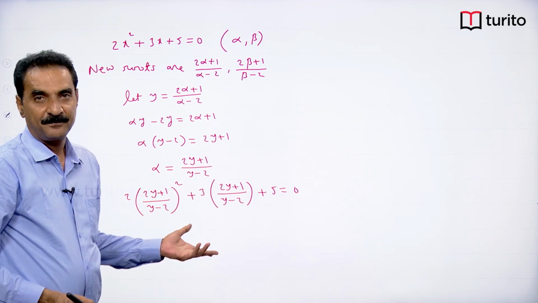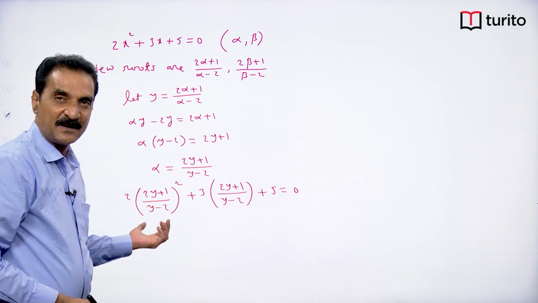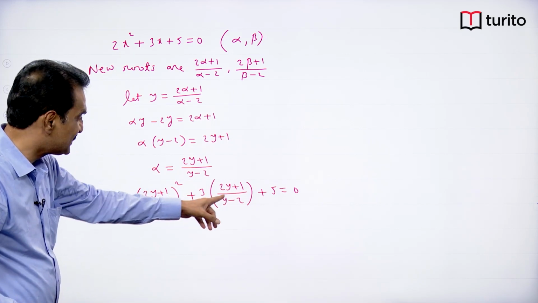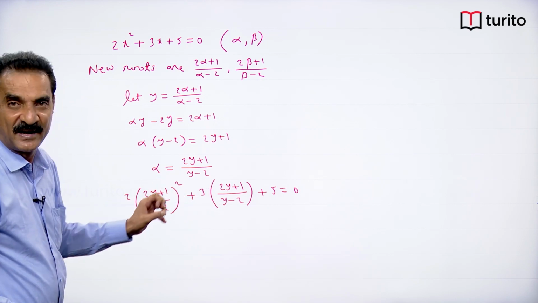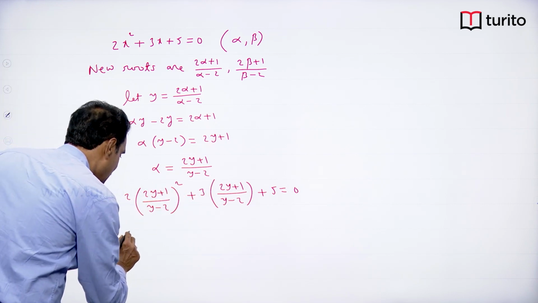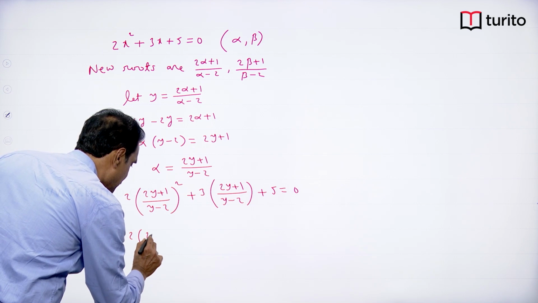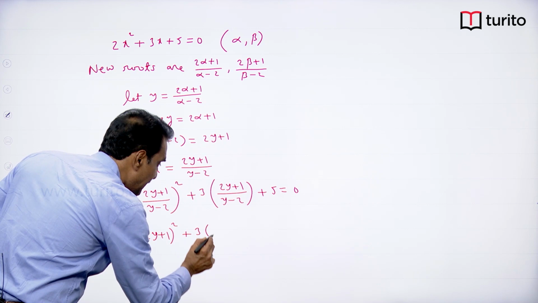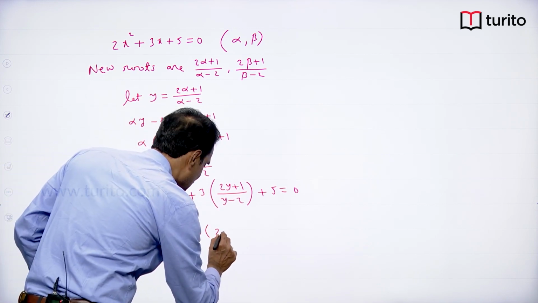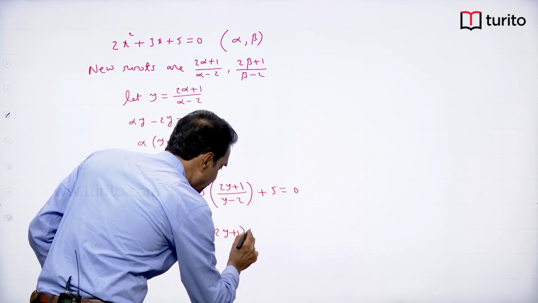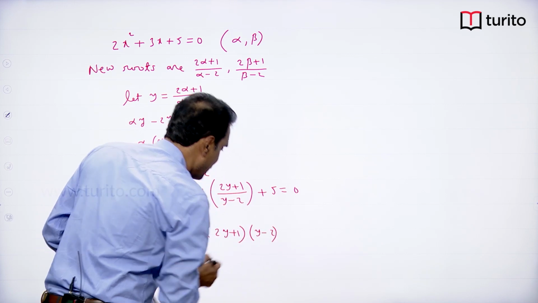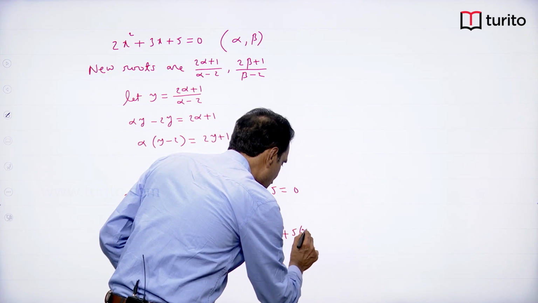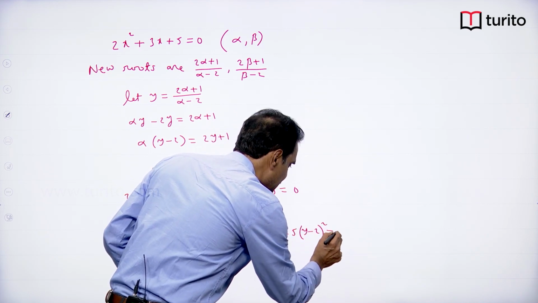We have to simplify. Don't replace y by x directly. After simplification we will do that. Multiplying both sides by y minus 2 whole square, it becomes 2 into 2y plus 1 whole square plus 3 into 2y plus 1 into y minus 2 plus 5 into y minus 2 whole square is equal to 0.